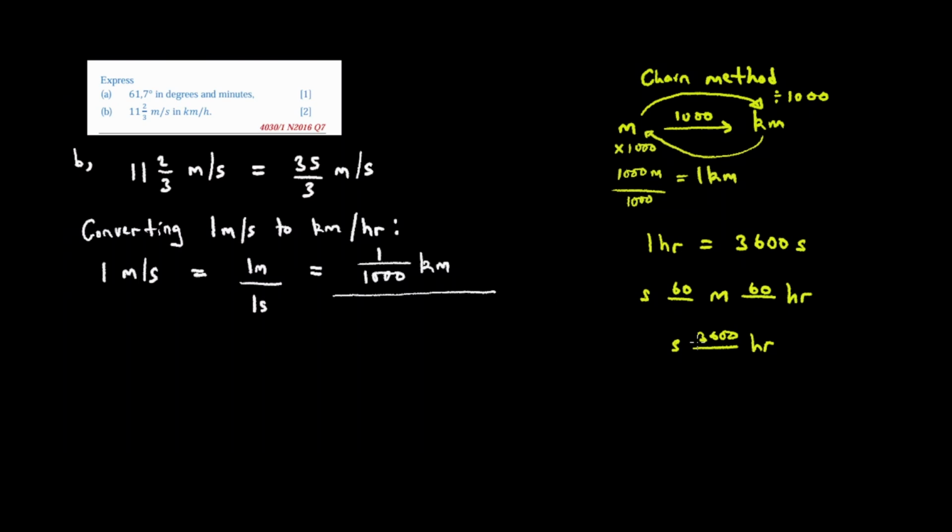If we want to convert from seconds to hours, from small to large, it's dividing by the number in between, 3600. This means that here 1 second in hours is 1 over 3600 hours, like that.